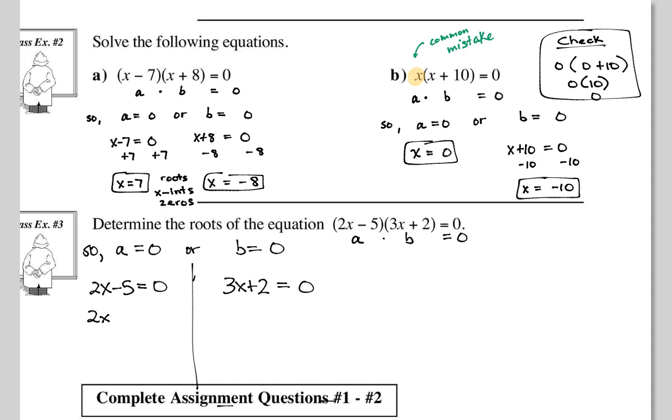So you move the 5 over. Minus 5 on the left is a plus 5 on the right. Divide by 2. Positive 2 on the left will be a negative 2 on the right. And then you divide by 3. So those are the two x-intercepts, the roots.